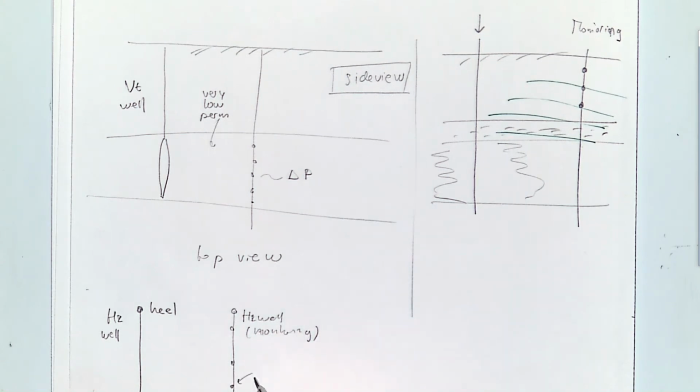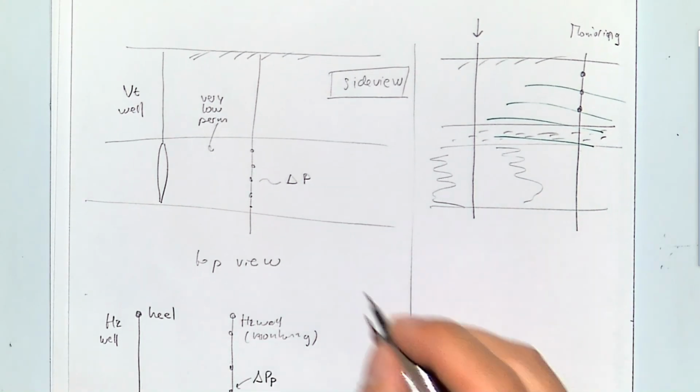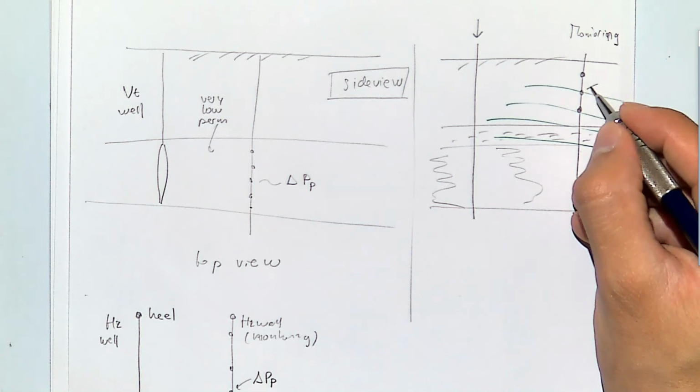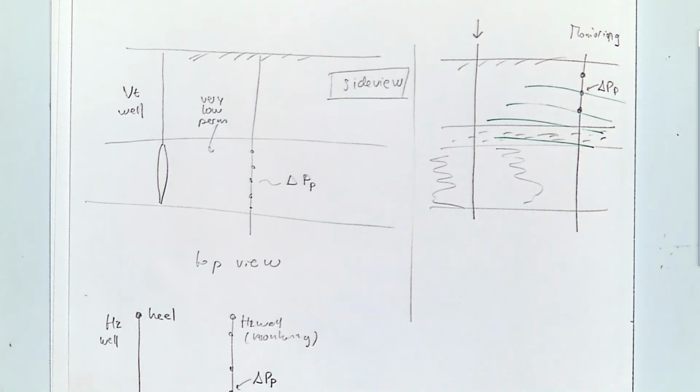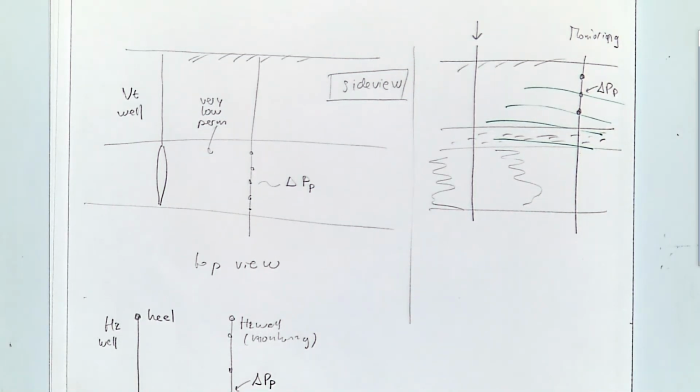So in all of these cases, you measure a change of pore pressure because of deformation of the rock imparted by a hydraulic fracture or injection of fluid or change in pressure or any other thing that you could do in order to deform the rock.